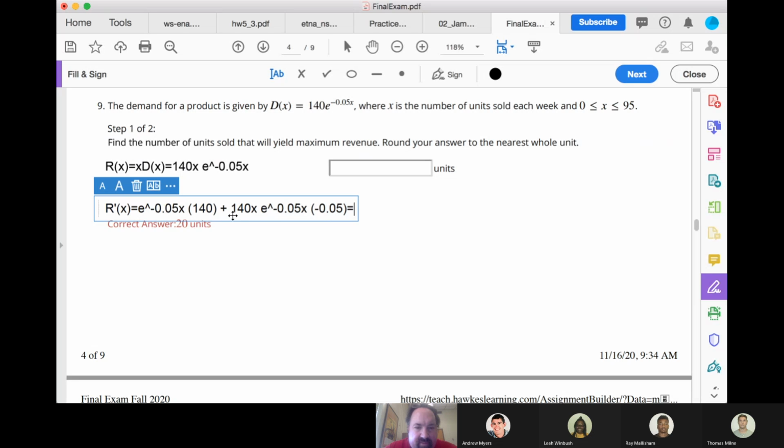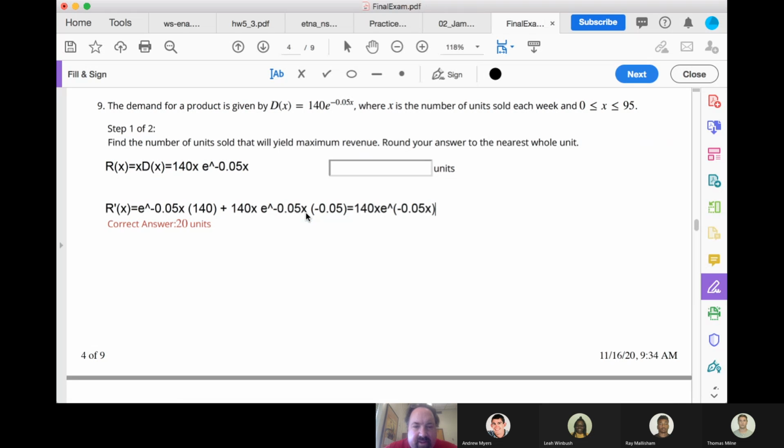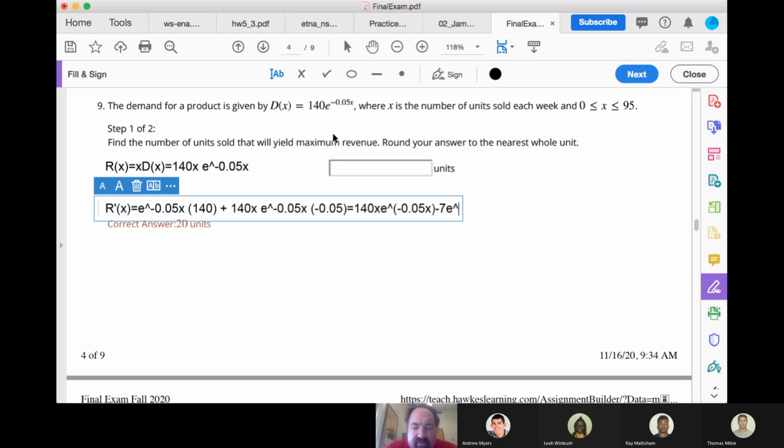So now, if we clean up all of the constants, 140 times 0.05 is 7. So we'd have -7 e to the -0.05x.